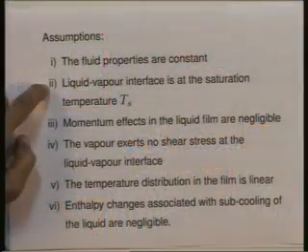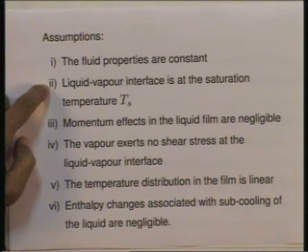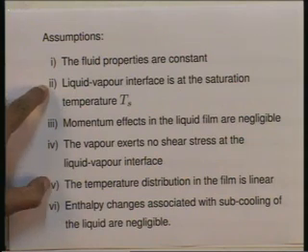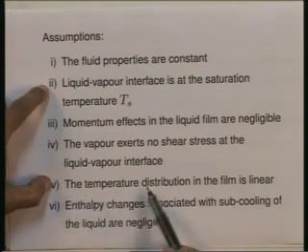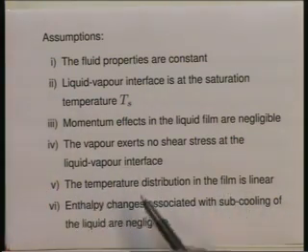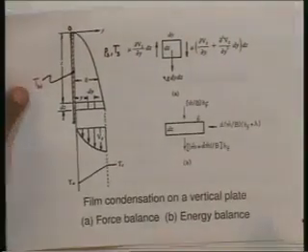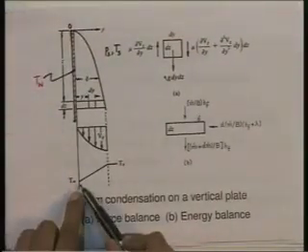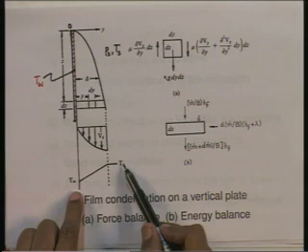Now, straight away you can see that if I look at assumption number 2, which says that the liquid vapor interface is at the temperature T s, and if I look at assumption number 5, which says the temperature distribution in the liquid film is linear, and if I combine these two, then I can see that the temperature profile in the liquid film is going to be like this.